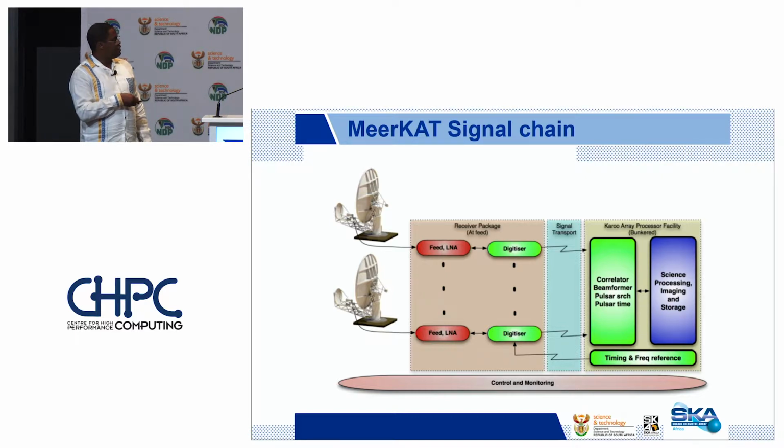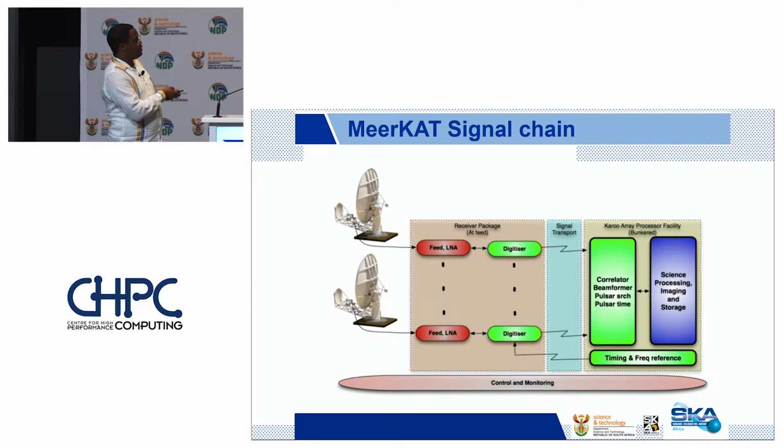Then we move the digital signal out using switching and fiber, what is here labeled signal transport. It goes into a building in the Karoo called the KPB. In there is a subsystem called the correlator beamformer that takes all this data and aggregates it, so that all these individual antennas behave like one telescope.